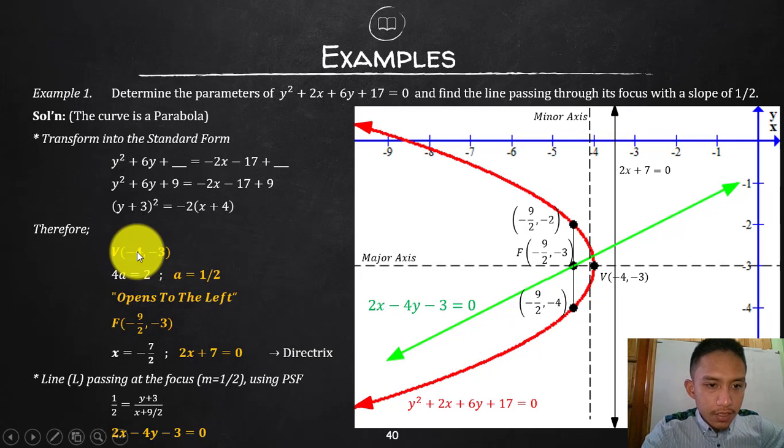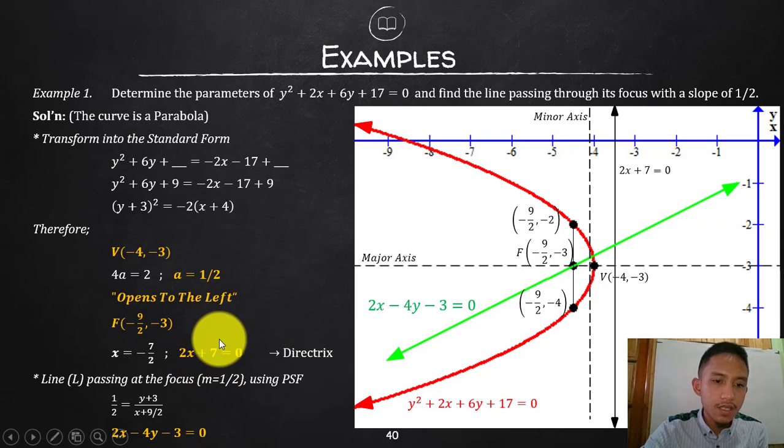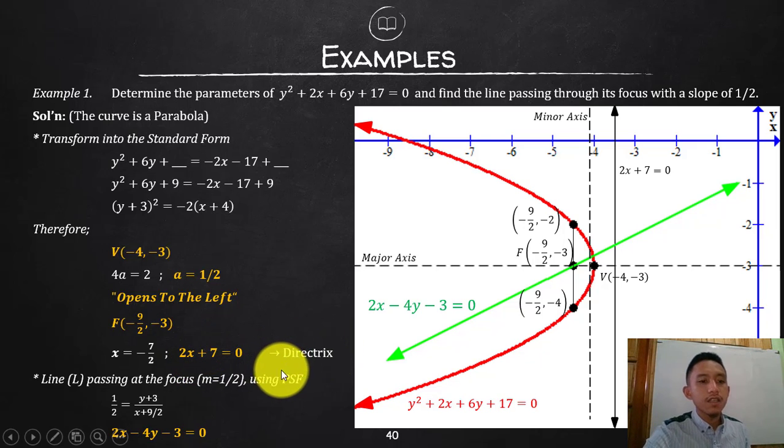If you subtract, that will be located at negative 3.5, isn't it? So if you go to the right, add your 1 half, you will end up with negative 3.5. Or you can rearrange that so that it will be the general equation of the line 2x plus 7. So that is your directrix.